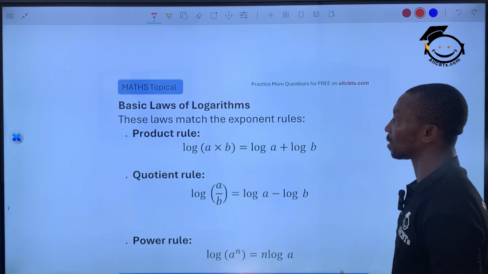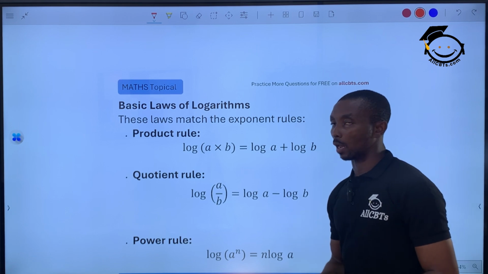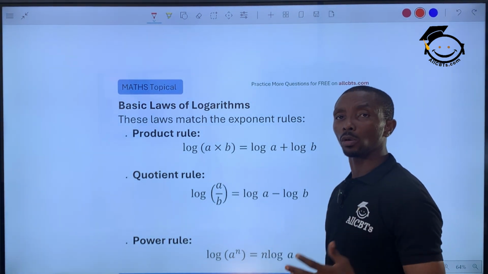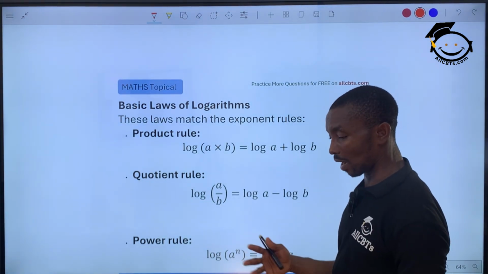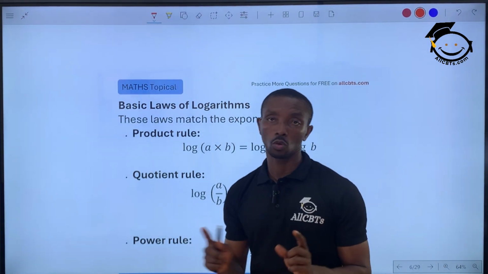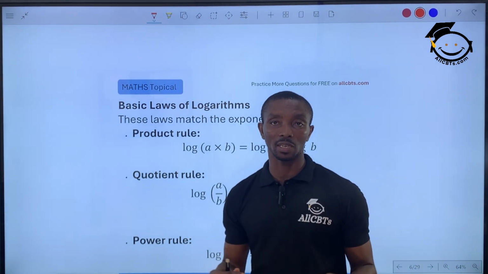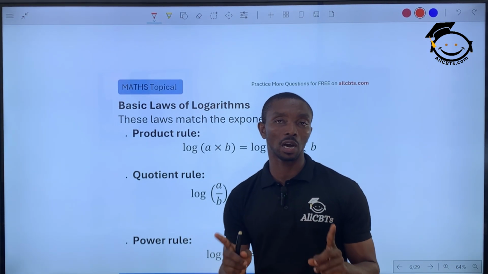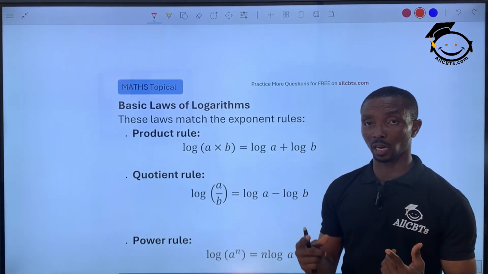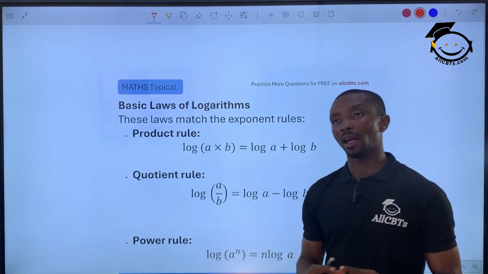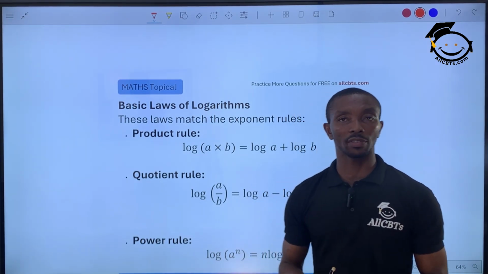Now, looking at our basic laws, remember in exponents, we looked at the multiplication law. When they have the same base, we do what? We add. The division law, when they have the same base, we do what? Subtract our exponents. Then the zero law, once the base is not equal to 0, anything raised to the power of 0 gives us 1.